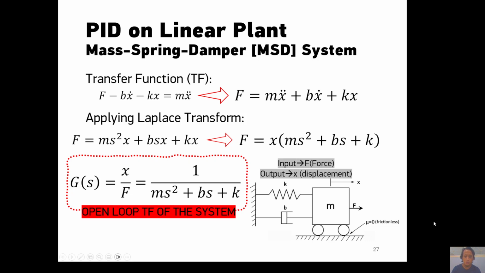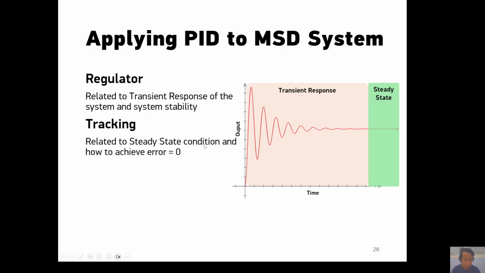One thing to consider is that this is a frictionless system, an ideal condition that won't happen in real conditions. Applying PID to the MSD system, we get this transient response, and this one is the steady state.